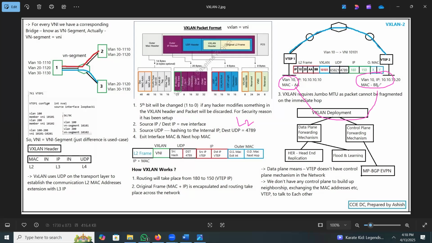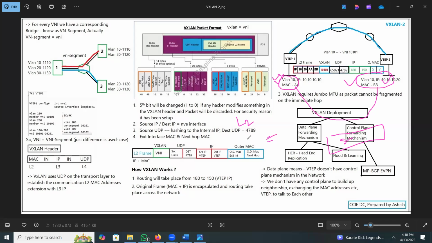So at the end, what can we achieve? These two VLANs are under the same switch, same switch. You can also call it a bridge. That means they are separated in different places.